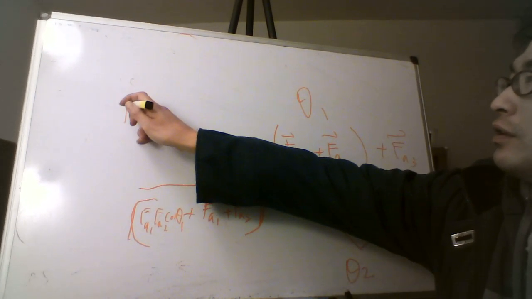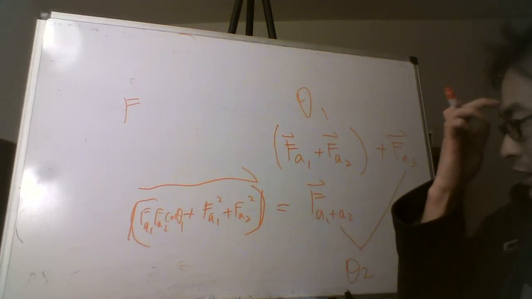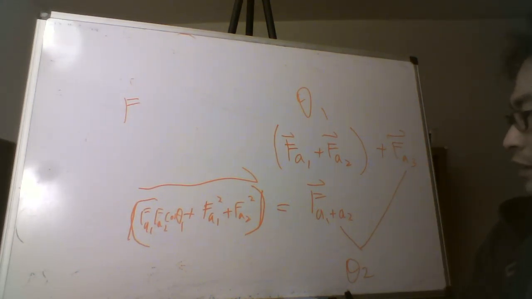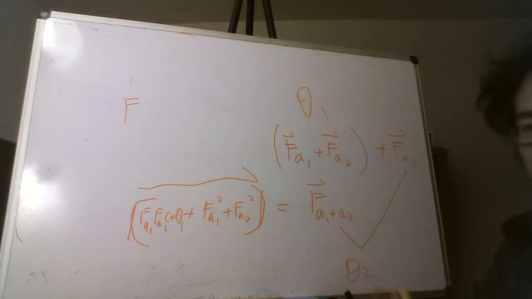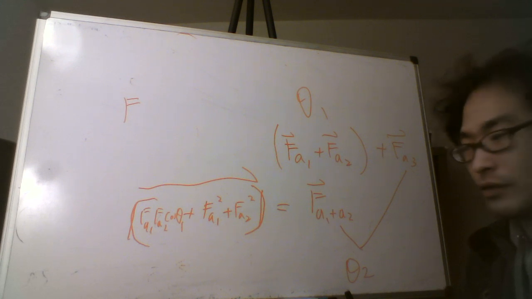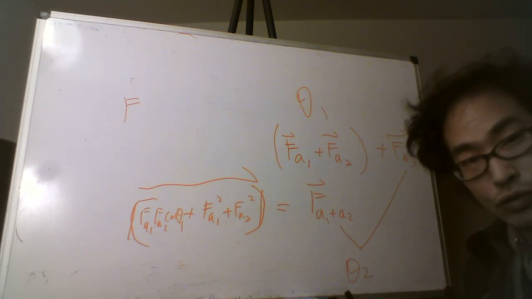F of, you know what? Maybe we have to come up with a different notation, okay? F of a1 plus a2, we call it a1 plus a2. We have to shorten this. Maybe we'll call it a1 2.